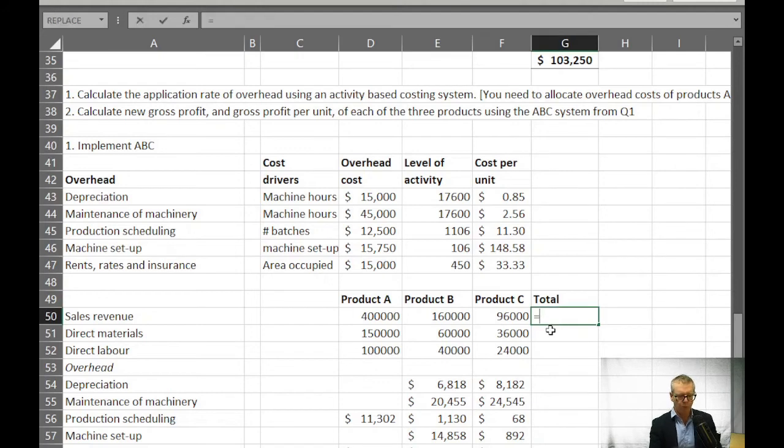Now let's calculate some totals down here. And importantly, look at this number. The 103,250 is matching the 103,250 that we're trying to allocate. So we know that at the very least we've applied all of the overhead here.